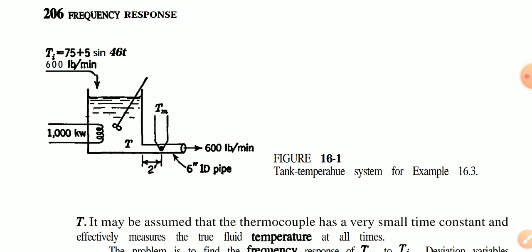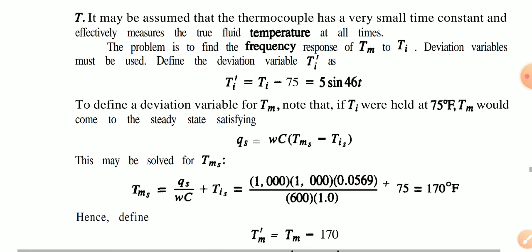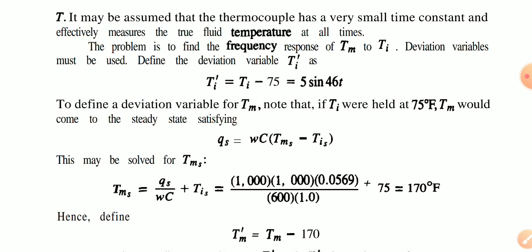It may be assumed that the thermocouple has a very small time constant and effectively measures the true fluid temperature at all times. The problem is to find the frequency response of Tm to Ti.